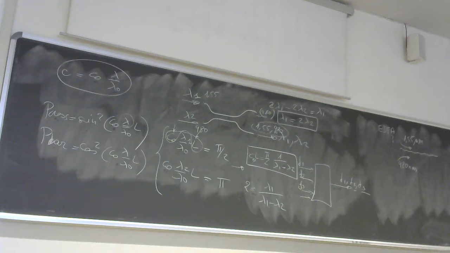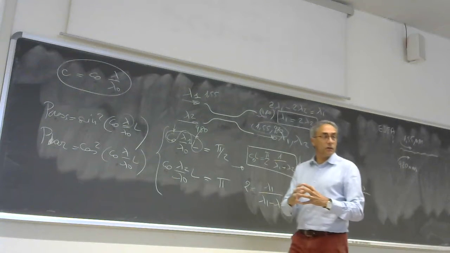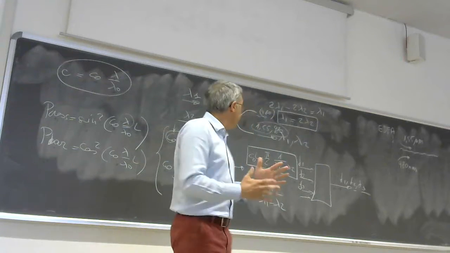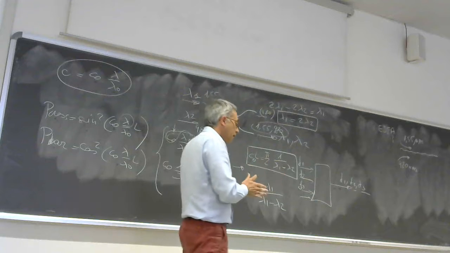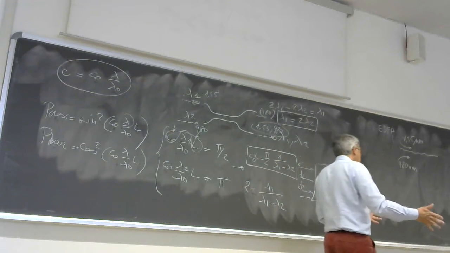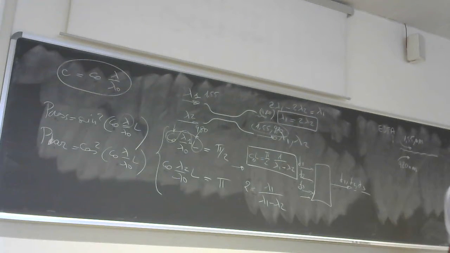So we have seen the directional coupler as a device to combine a signal or to split. We started with the splitting 50-50, 10-90, 30-70, whichever ratio you want.